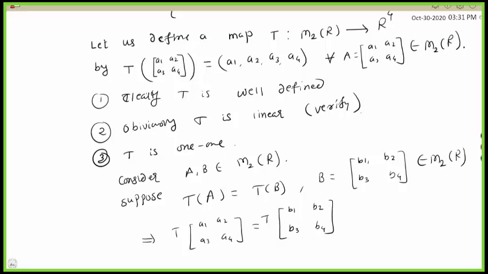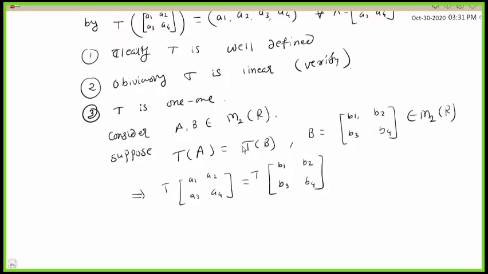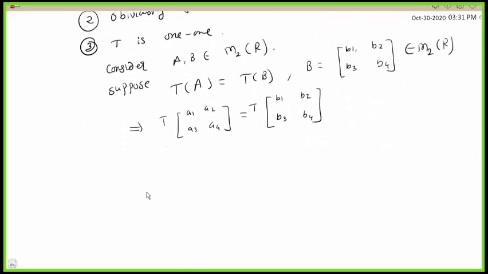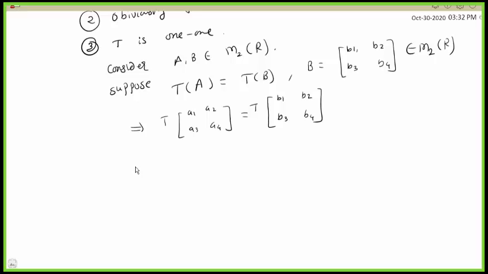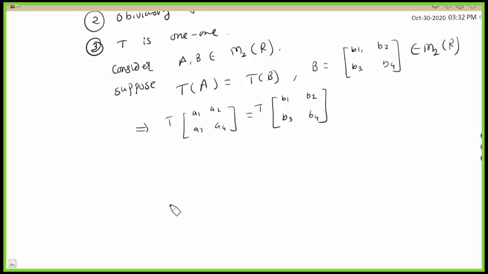So this implies that the quadruple (a1, a2, a3, a4) is equal to (b1, b2, b3, b4).